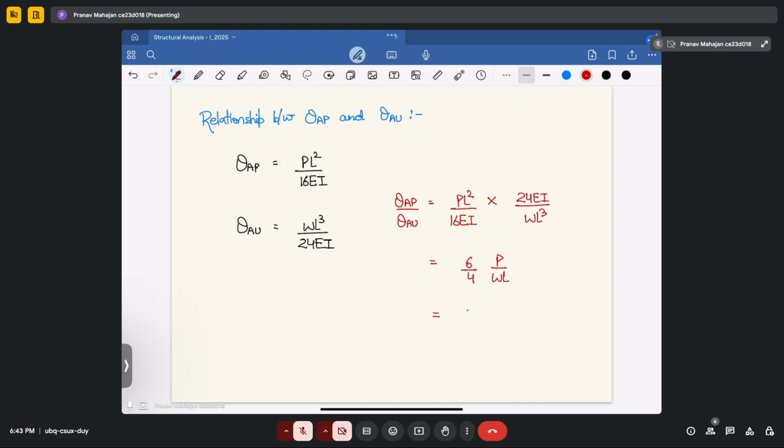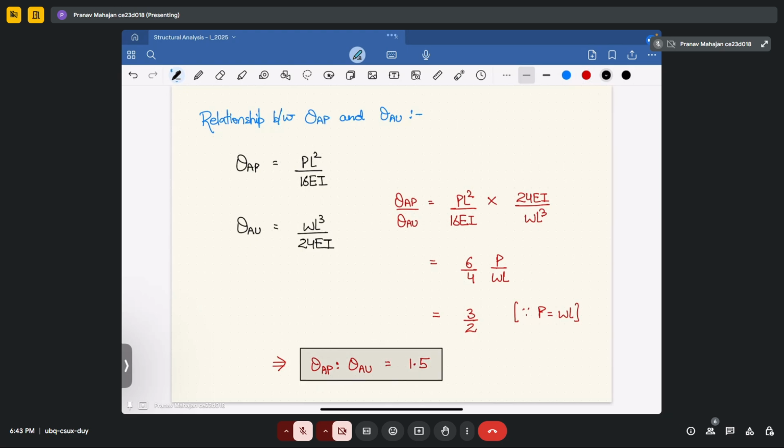That means it will be equal to 3 by 2 because P is equal to WL. This will give you the ratio of theta AP to theta AU equal to 1.5. Fine.